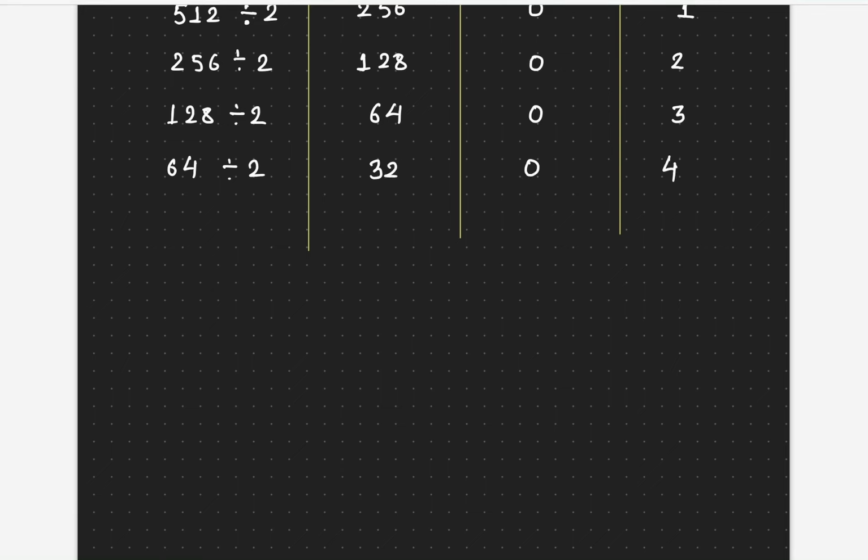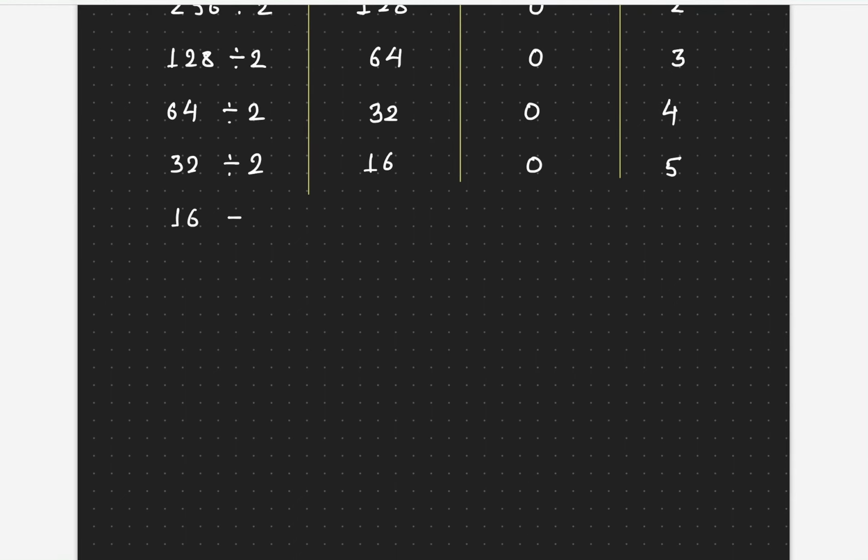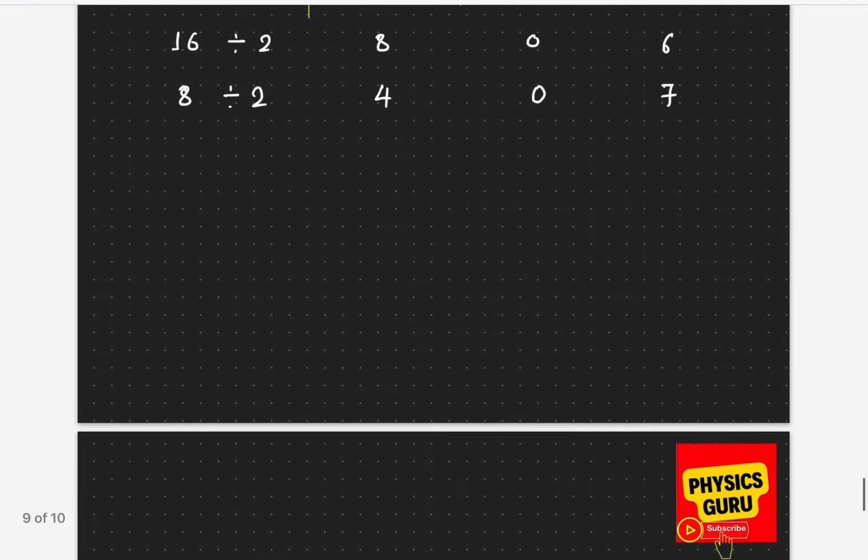You keep going. 32 divided by 2 will be 16, remainder 0. 16 divided by 2, you'll get 8, remainder 0. Now 8 divided by 2 is 4, remainder 0. 4 divided by 2 is 2, remainder 0. 2 divided by 2 is 1, remainder 0.